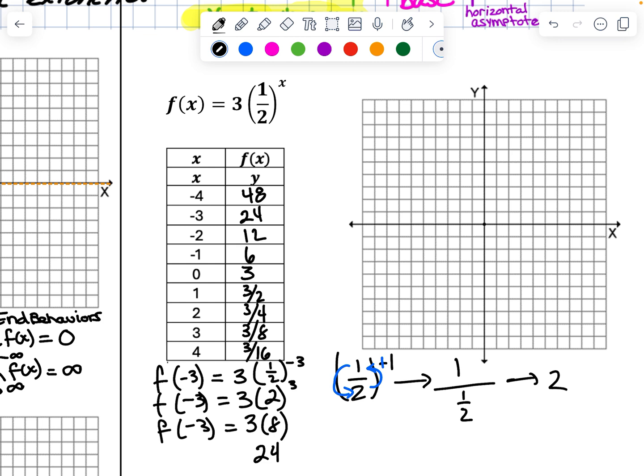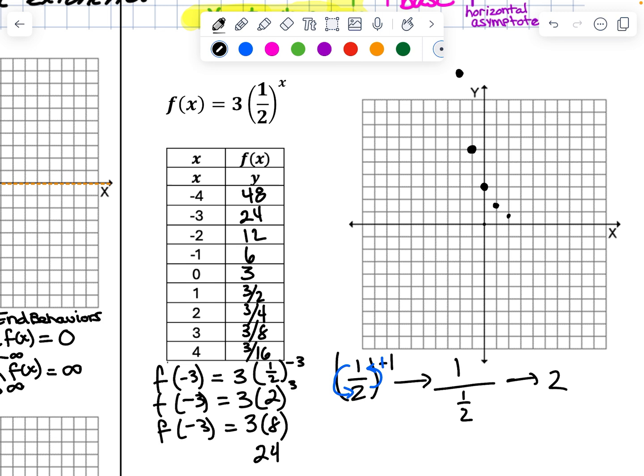The first one that's graphable really is -1, 6. 1, 2, 3, 4, 5, 6. There's -1, 6. Because -2, 12 would be right up here. And then we got 0, 3. 1, 2, 3. And then we have 1 and 1 1/2. And we have 2 and 3/4.